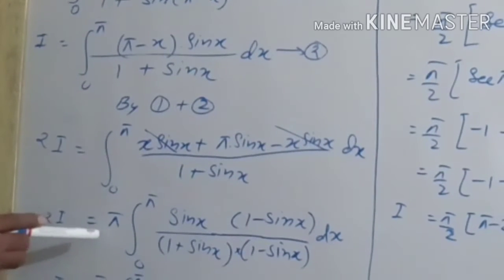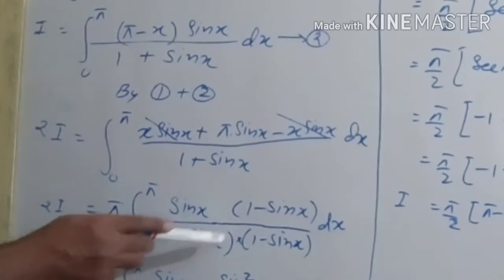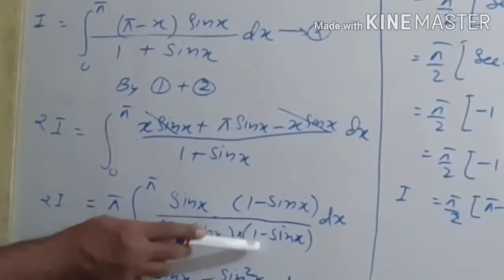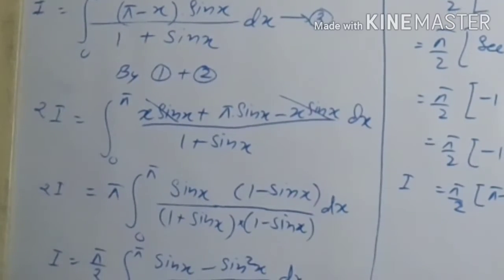So 2I is pi times integral 0 to pi of sin x upon 1 plus sin x, and also rationalize the denominator, which means multiply and divide by 1 minus sin x, and transfer the 2 to the right side.